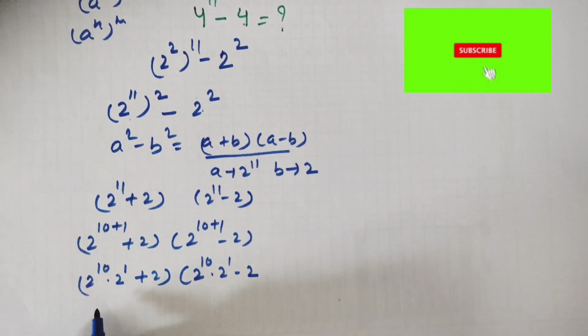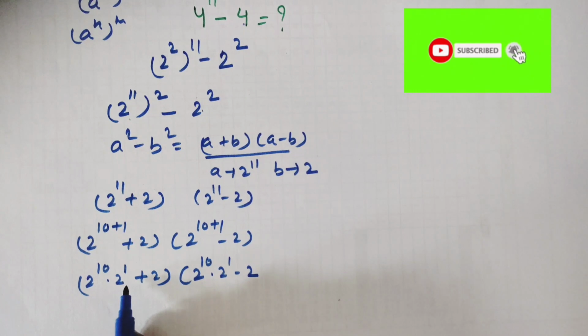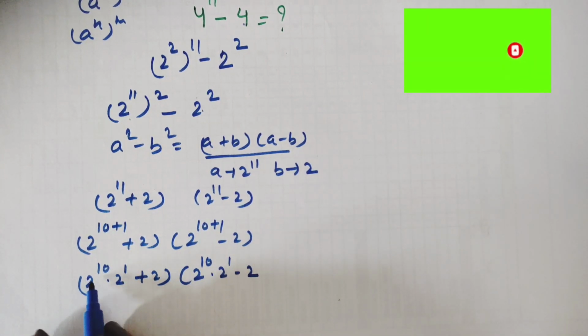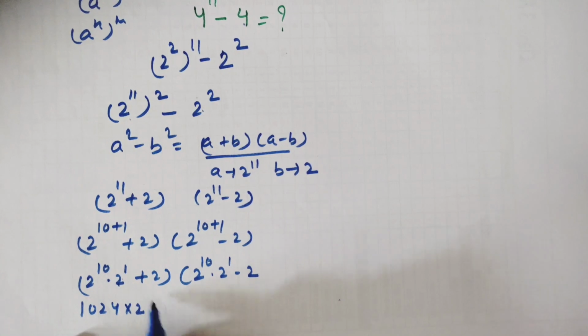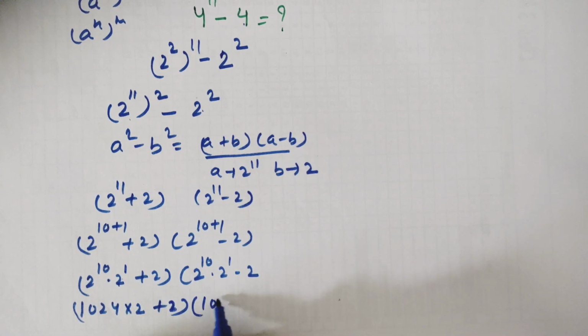Now 2 raised to the power 10, if you multiply 2 ten times, you will get the value 1024, and multiplied by 2, since 2 raised to the power 1 is 2, plus 2 as it is. After that, 2 raised to the power 10 again is 1024 into 2 minus 2.